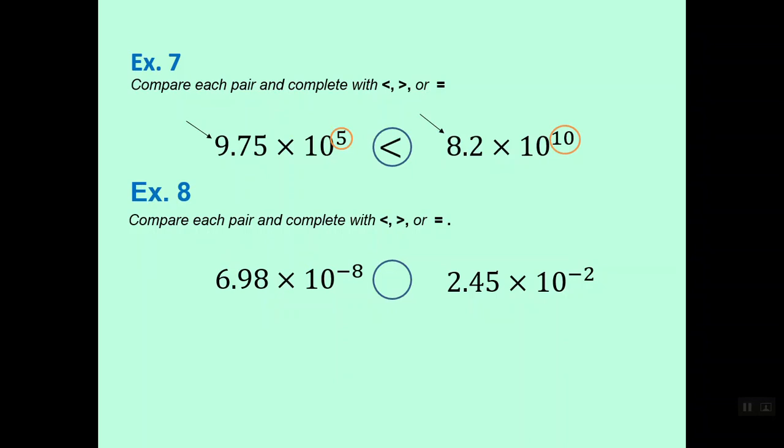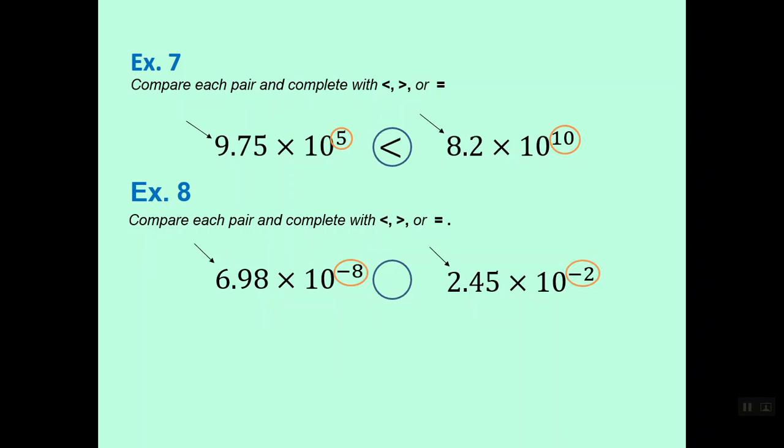In example 8, we've got 6.98 times 10 to the negative 8th power as compared to 2.45 times 10 to the negative 2nd power. Again, don't be fooled. The factor 6.98 is bigger than the factor 2.45, but we're not going to be fooled by that. We are only going to look at the exponent.